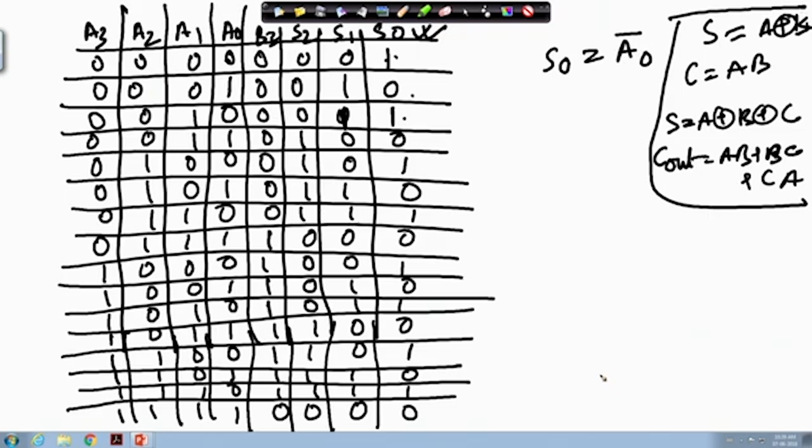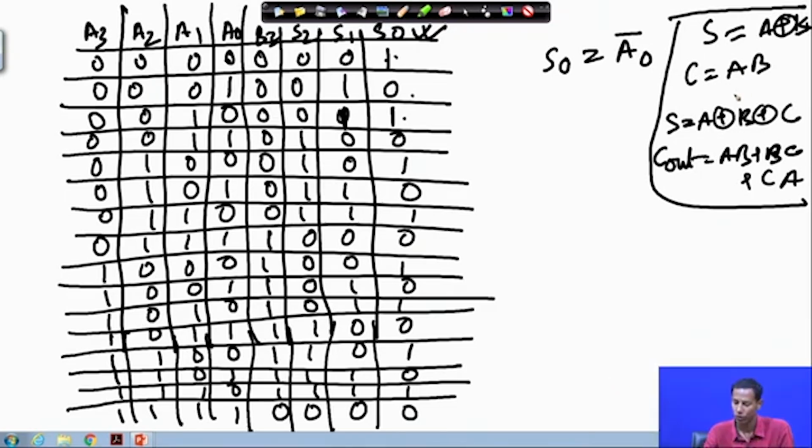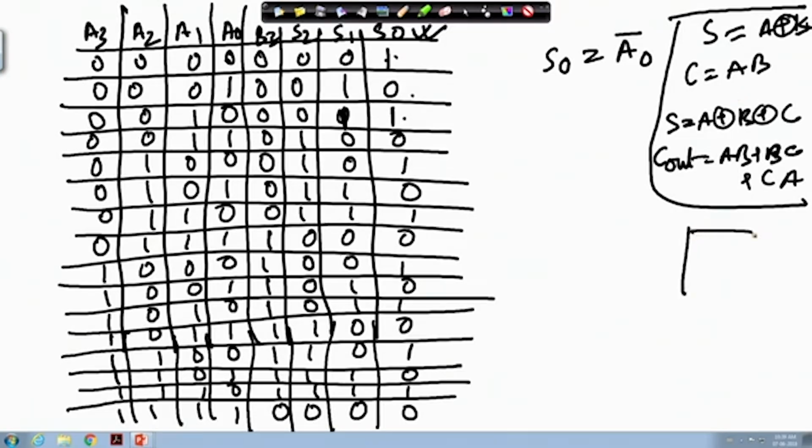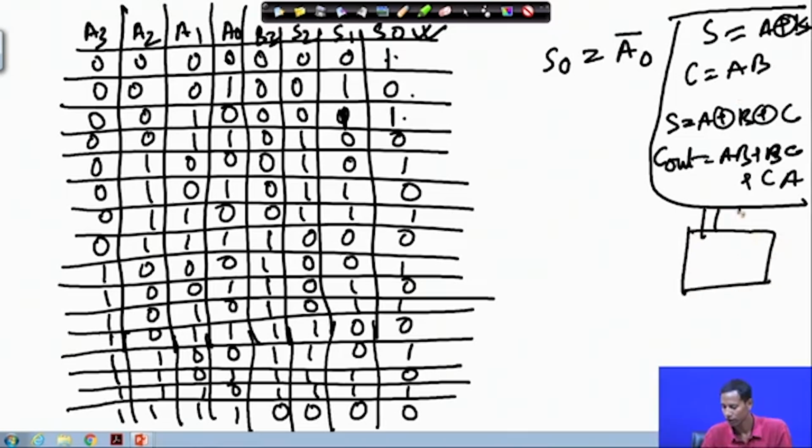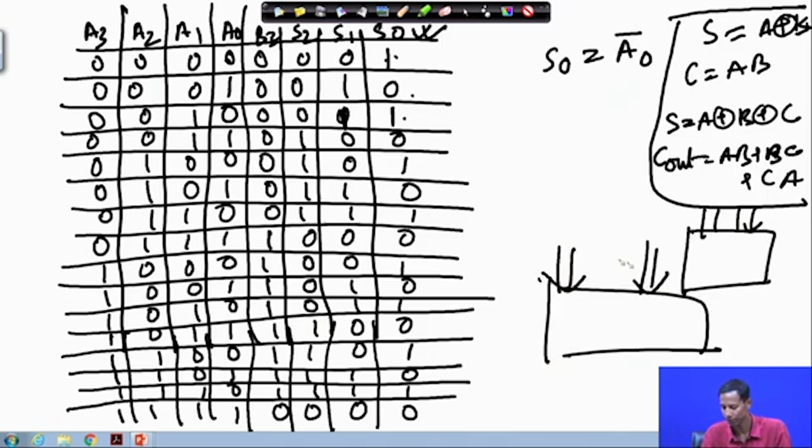Now, here I know that one of the values is fixed. If I draw one adder circuit, suppose this is A and this is B, and I need to produce the sum. Here B is fixed to 0 0 0 1.